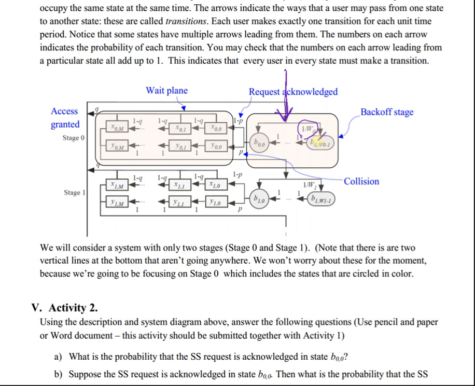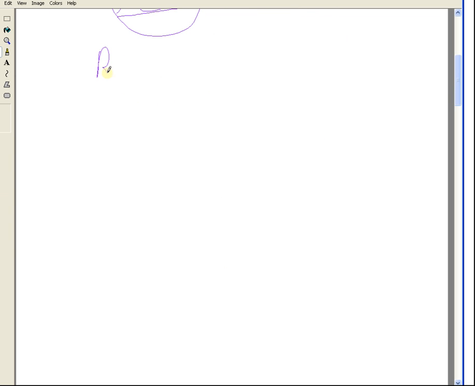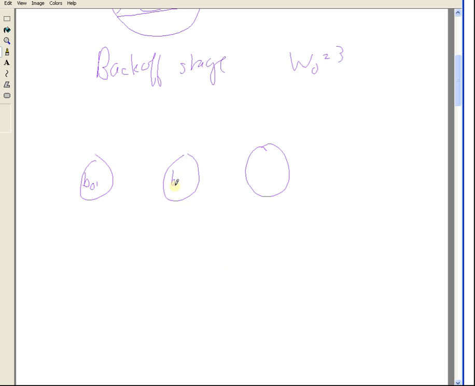So for instance, if I had W0 equals 3, it's possible, in that case, I would have 3 states. This would be B01, B02, B03. And the probability of going to any one of these would be 1/3.